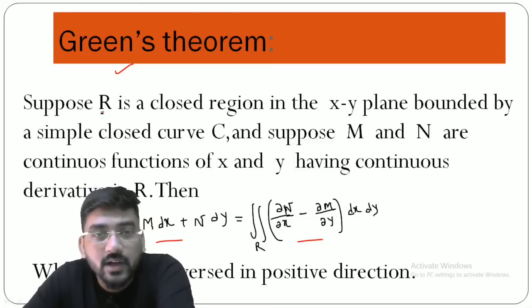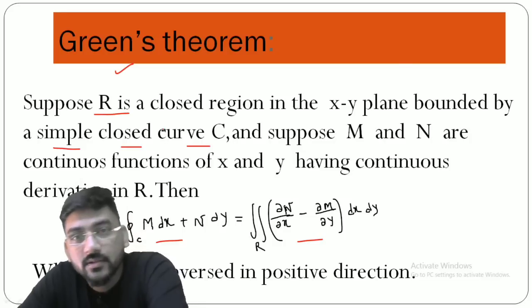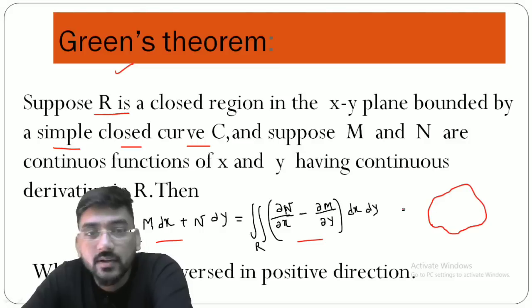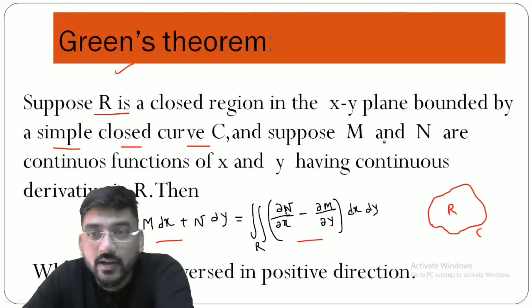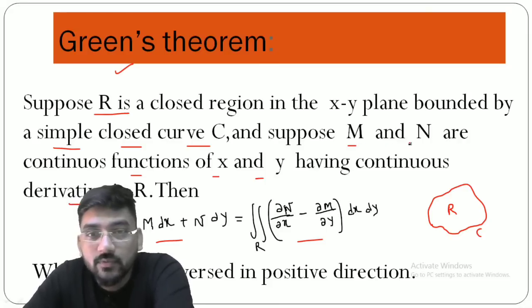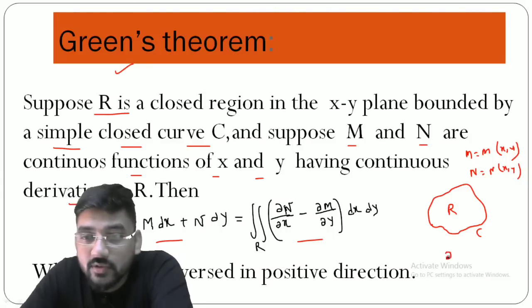Suppose R is a closed region in the xy plane bounded by a simple closed curve C. This region R is bounded by this closed curve C, and suppose M and N are continuous functions of x and y having continuous derivatives in R. So M is a function of x and y, and N is also a function of x and y. These are continuous functions in this region, and not only this, but they have continuous derivatives also.